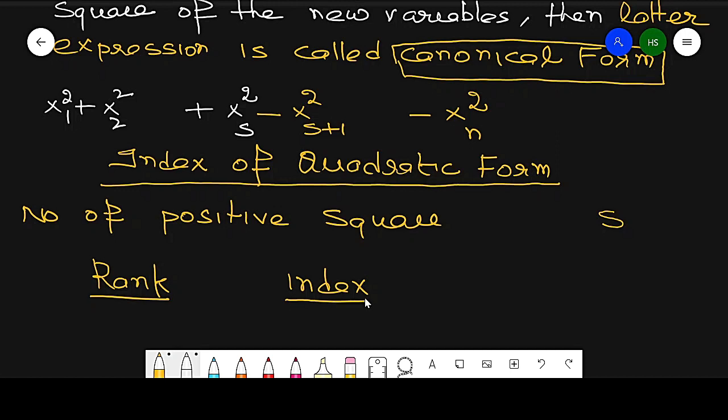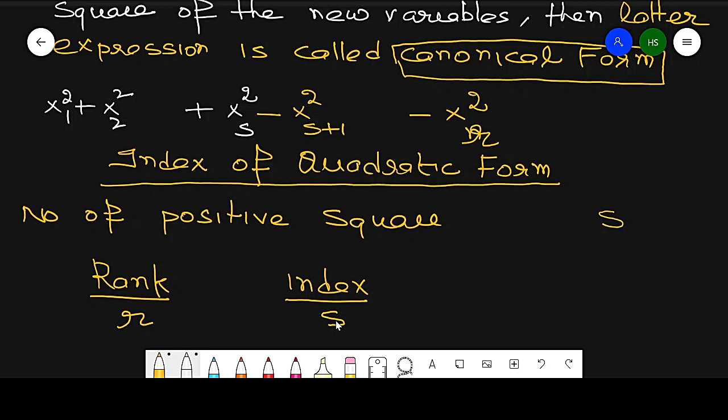When the quadratic form is shifted into canonical form, the number of variables is called the rank. If this term is up to r, the rank is r. The number of positive terms is called the index. Remember that.